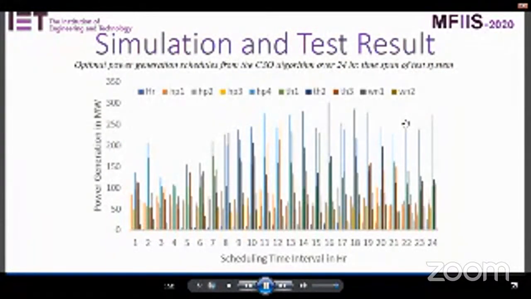The optimal load allocation between hydro, thermal and wind of the test bed over a 24-hour interval is shown in this figure.